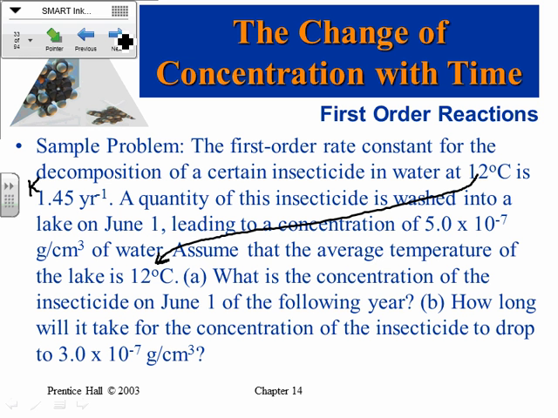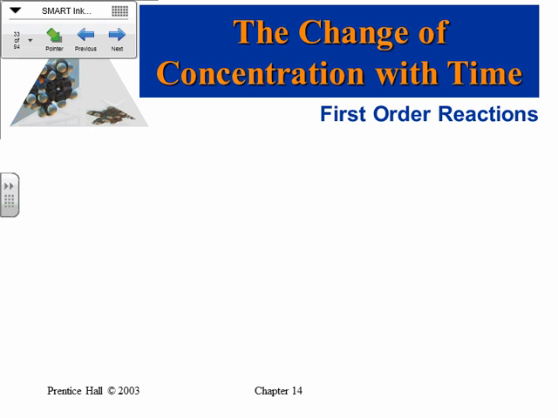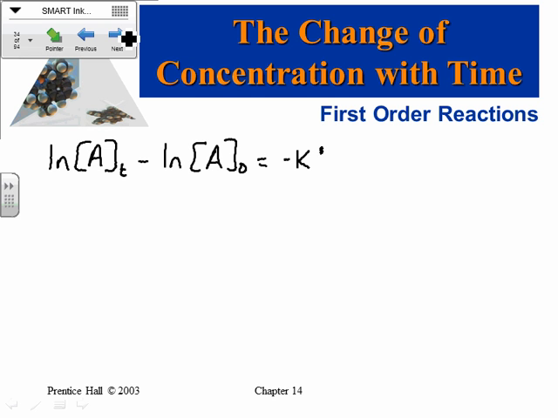So we've got our equation here. I just don't have room here. I have room on the next... ah, here we go. Thought ahead. The natural log of A minus the natural log of A0 is equal to negative kt. So there's your equation that we're going to use.